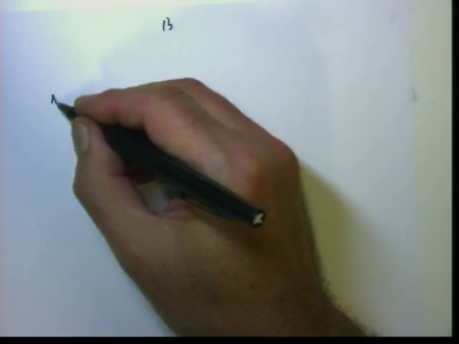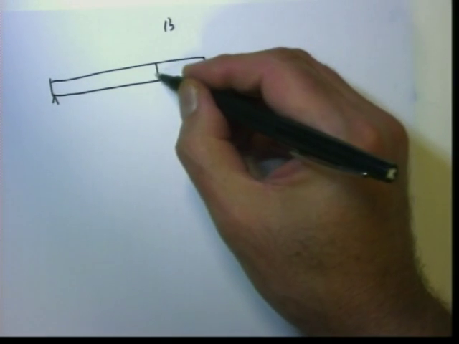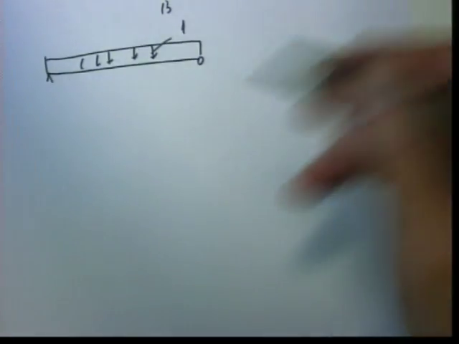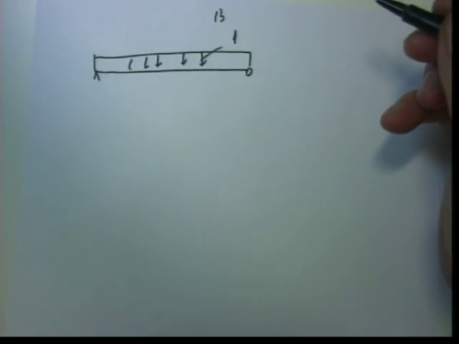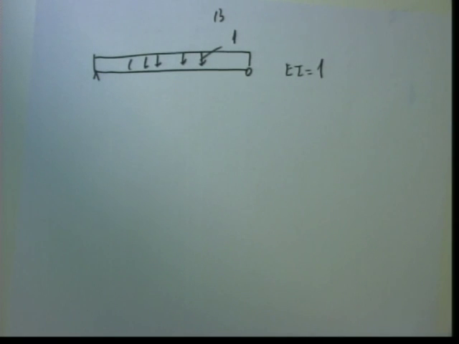In order to obtain psi 1, I take this load, 1 for example, and I can also take EI equals 1, because I just want the function. It could be 1, or 24, or 1 over 24.